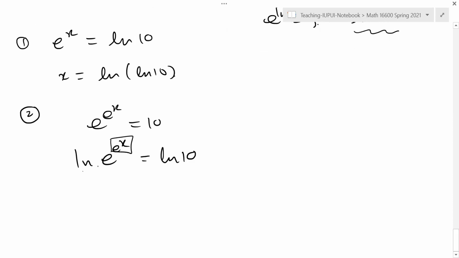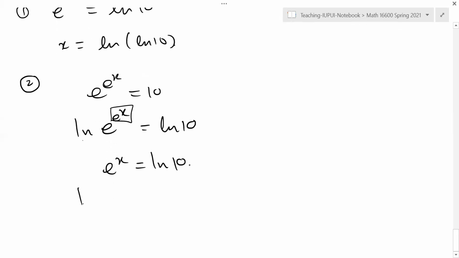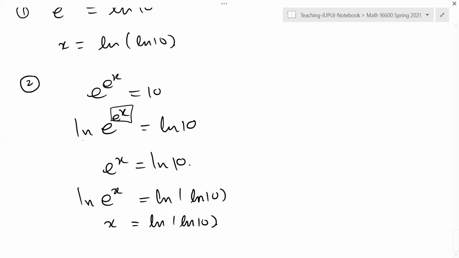Natural log and e will be gone, so e to the x. And then you still put the natural log on both sides, and this side is just x. You see? Different approaches end up with the same answer. All you have to do is repeatedly put natural log on both sides.